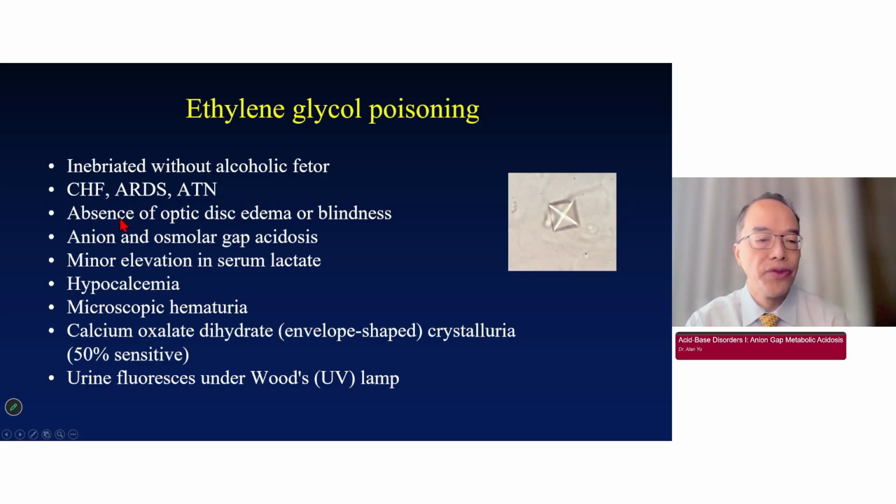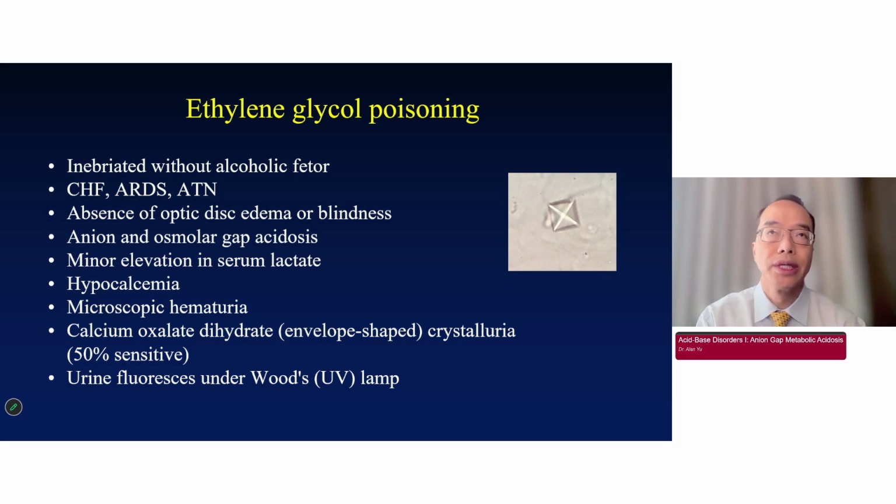It causes cardiac, respiratory, and renal complications. So it causes heart failure and pulmonary edema, ARDS, and acute tubular necrosis. And it's thought to be because of deposition of both glycolate and oxalate, which we'll get to.